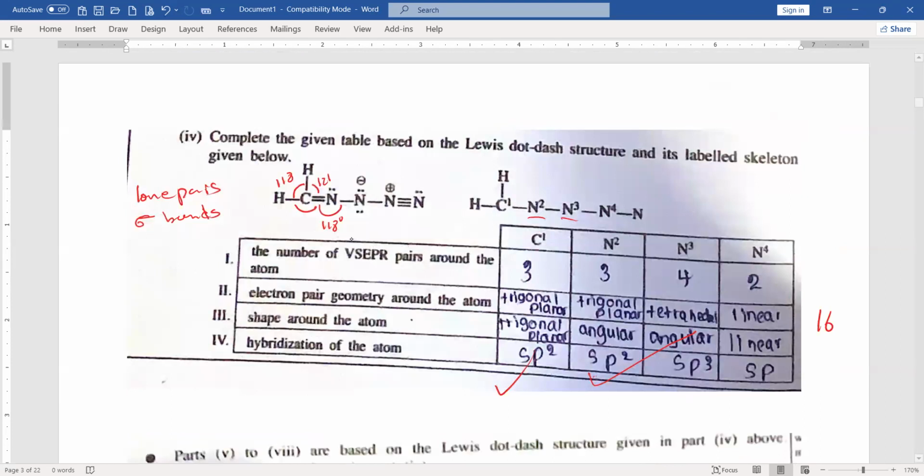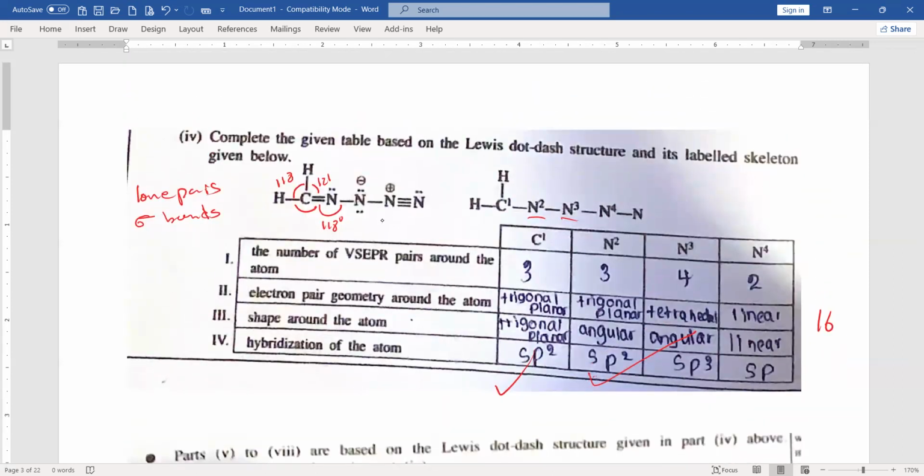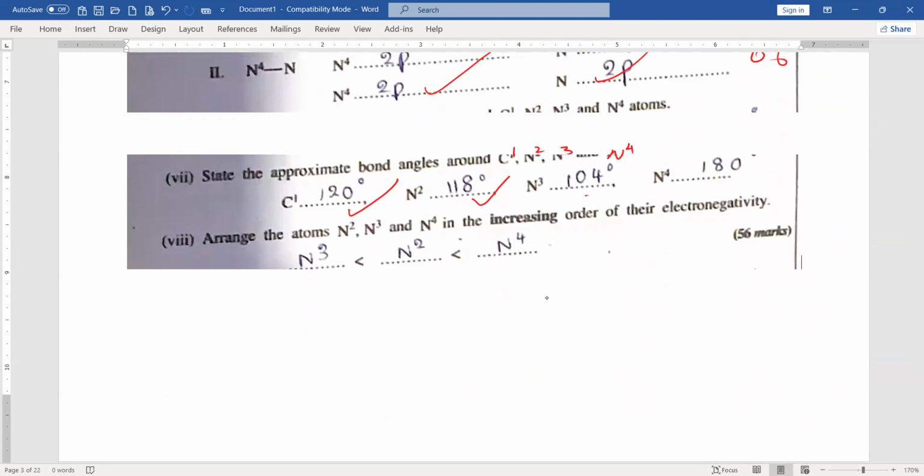So this may be around 104. And the other one may be 108. This is exactly linear. So 108, 104 and 180. Yeah, that's correct. All four correct. So 1 into 4, you will get 4 marks.